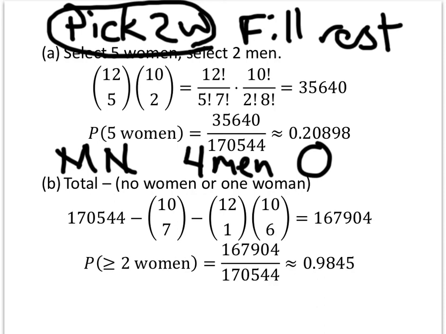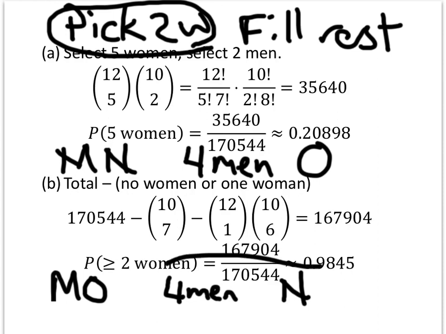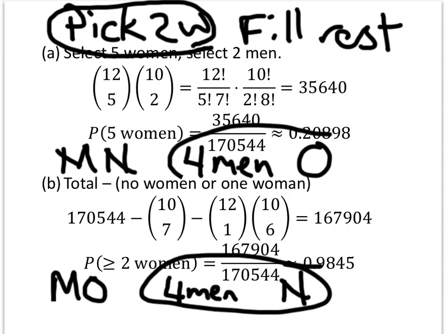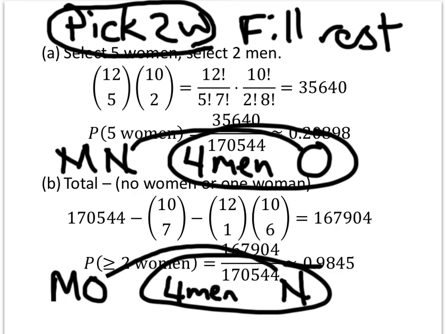How could this happen? Well, this could happen if I say, oh, well, let's pick 2 women. Maybe I pick Molly and Ophelia, then I pick the exact same 4 men and Nicole with that group of 5 people. So your group of 5 people may be comprised of different folks, but this person and one of the original 2 women that we chose might be the same one.